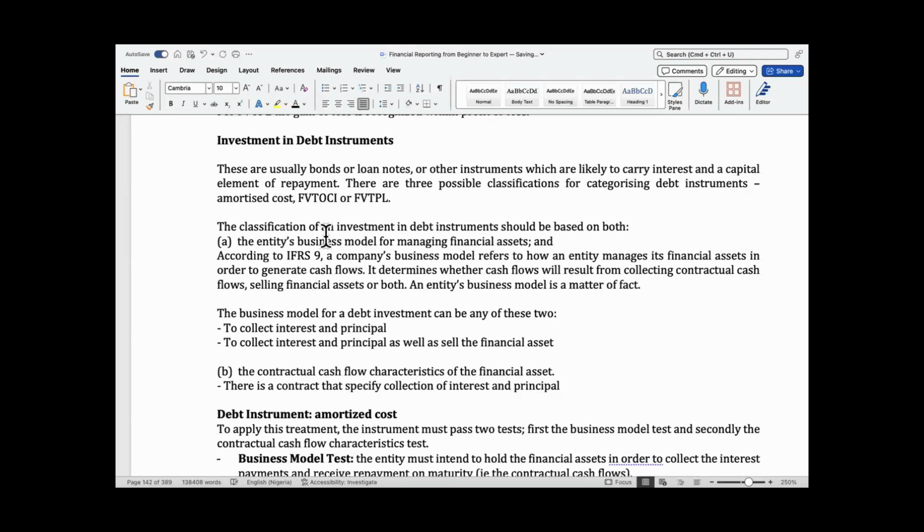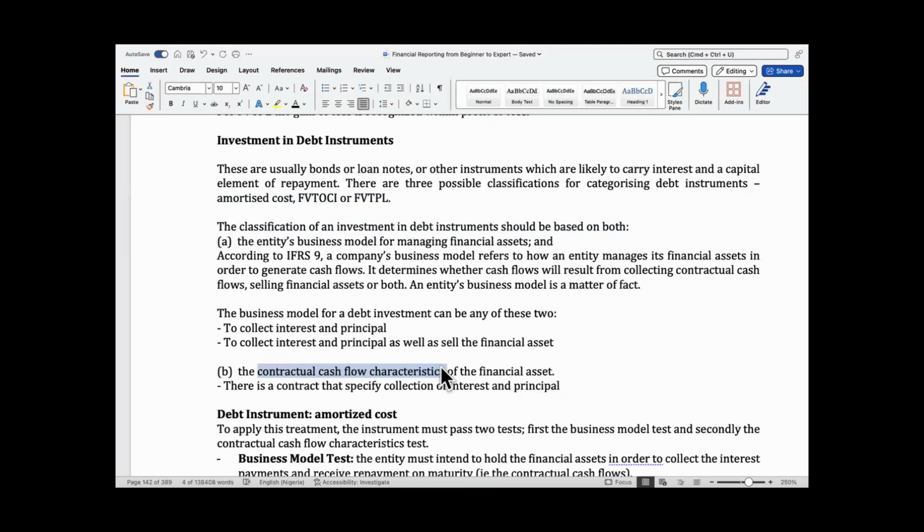Now, what is the basis for classifying in any of these three? Firstly, the classification of debt instruments is based on two things. Number one is the entity's business model. And number two is the contractual cash flow characteristics of the financial assets.